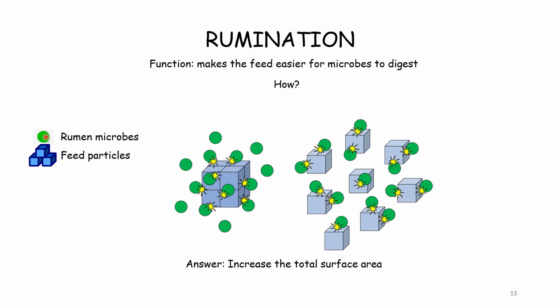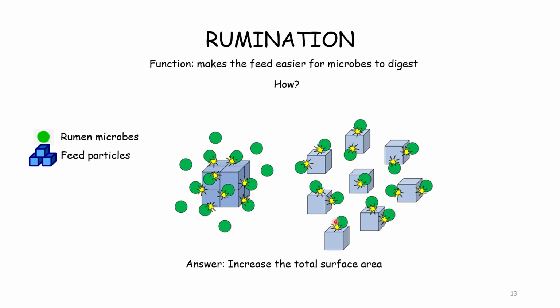Let's say the green ones are the rumen microbes like bacteria, protozoa, and fungi, and these are the feed particles. So the rumen microbes attack the feed particles and break them down into small pieces. As you can see here, they break down into small pieces.